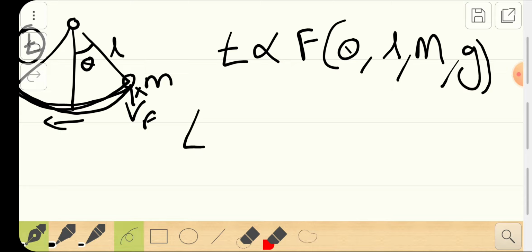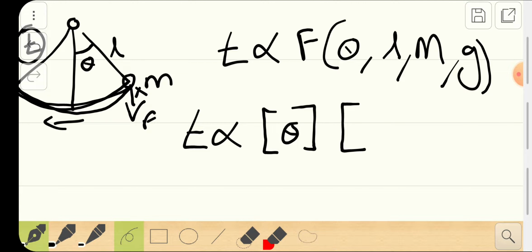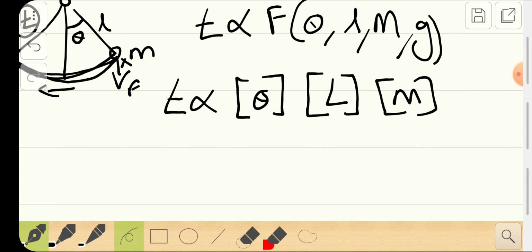So we can write down that T must be proportional to theta, which is in radians, so it has no dimension, and L, which has the dimensions of length, and mass has the dimensions of mass, and g has the dimensions of L by T squared, right?